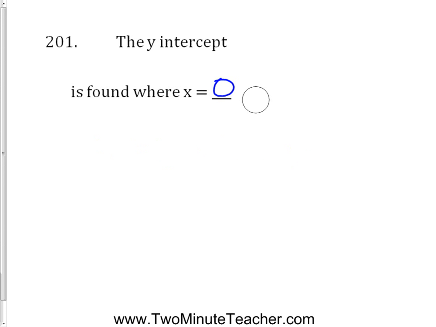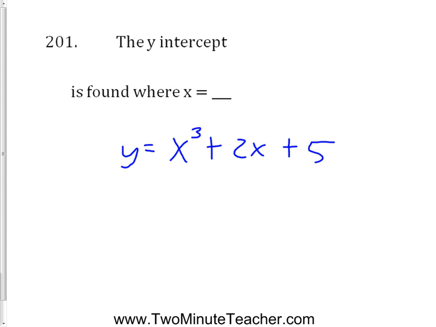And that's really handy because then if you're given an equation like y equals x to the third plus 2x plus 5, and I want to know its y-intercept, I just have to plug in x is 0. Then I will find the y-intercept: y equals 0 plus 0 plus 5, y equals 5.